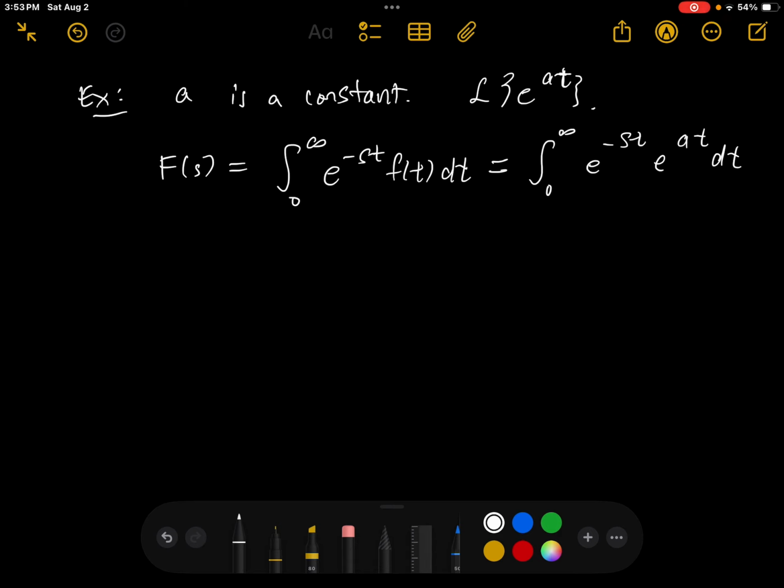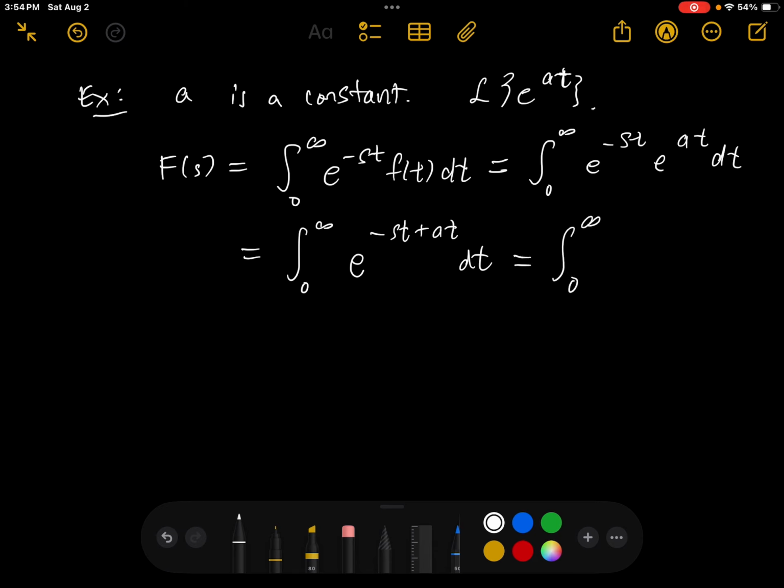So let's use that. We can rewrite the integral as the integral from 0 to infinity of e to the minus st plus at. And now what can we do to the exponent? We can factor out the t.